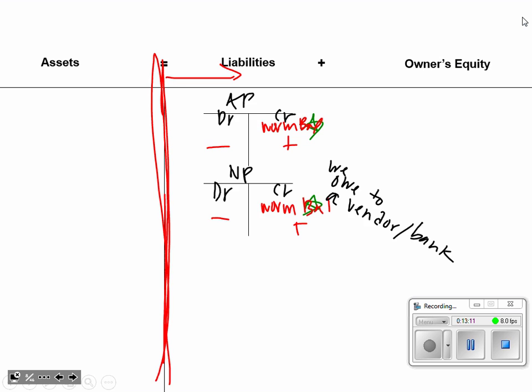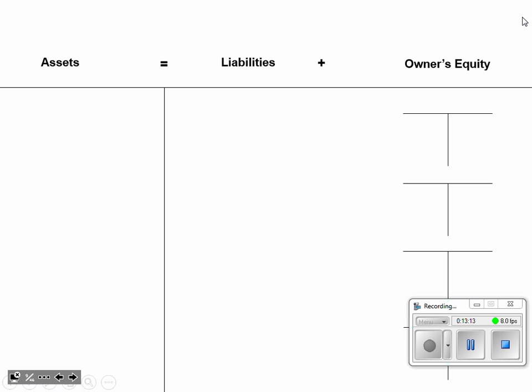Okay, let's do the two easy ones under equity. We've got the capital account. We've got the revenue account. We're going to stop there. Does capital have a left and right side? I don't want to write left and right. I want to use accounting terms. What's the left mean? Right? Left?